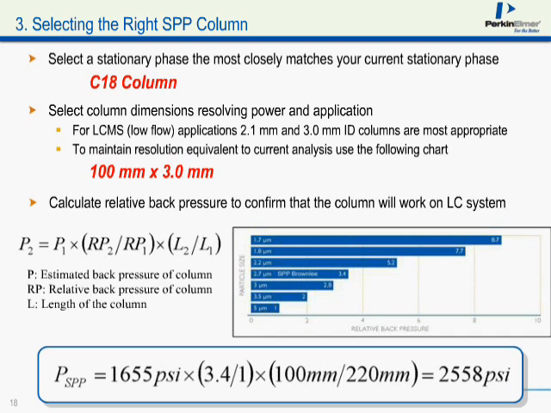And so in the original analysis, the back pressure was around 1600 psi. Using this table and the lengths of the columns, I could estimate that the back pressure on the new column would be around 2500 psi. And it's well within the range of a standard 6000 psi HPLC system, so I could use this column for this analysis on my current system.